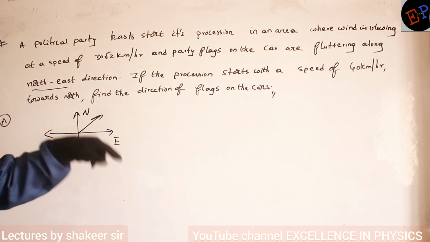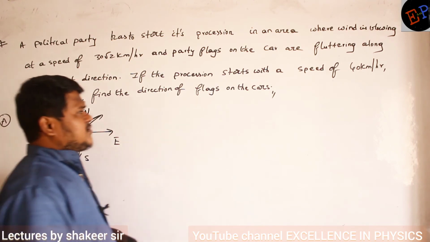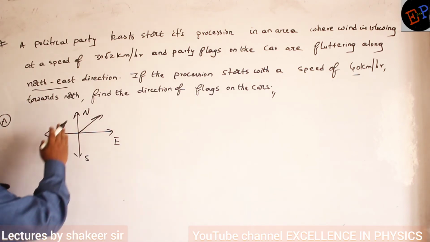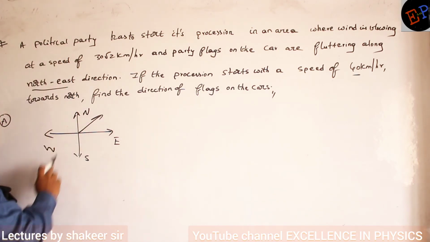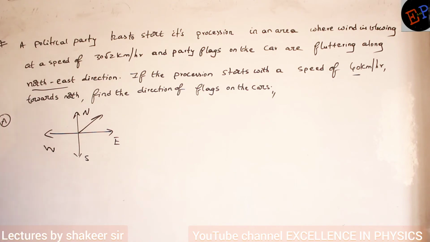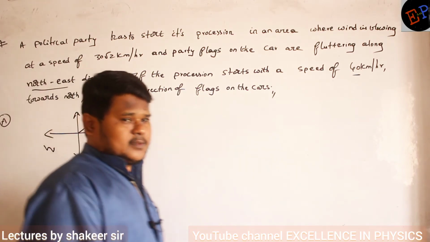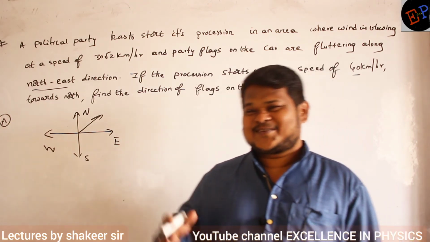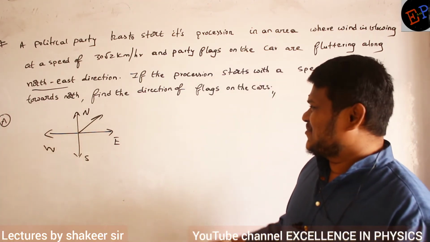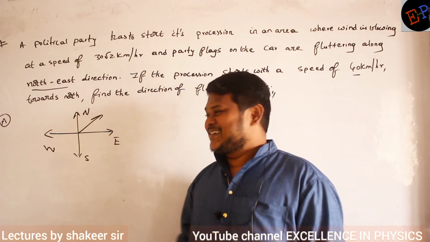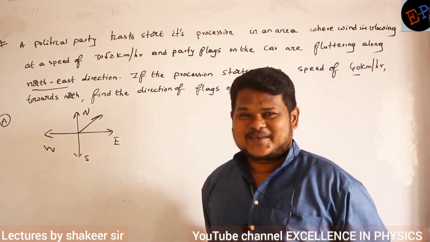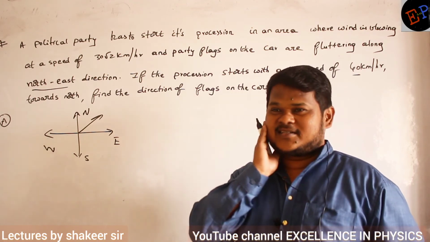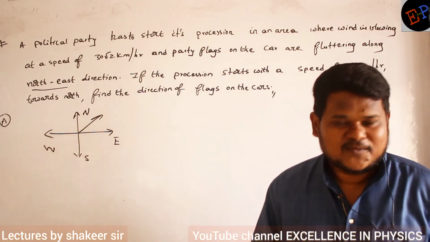If the procession starts with a speed of 40 km per hour towards the north direction, then flags will flutter in which direction? That is the question. When the procession is in rest position, flags are fluttering towards northeast. Now when the procession starts towards north, then flags will flutter in which direction?